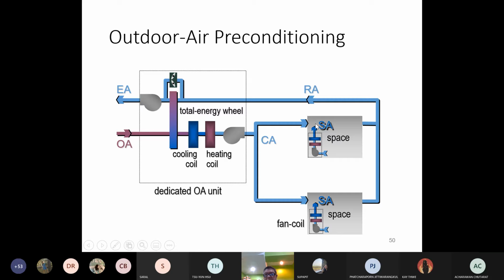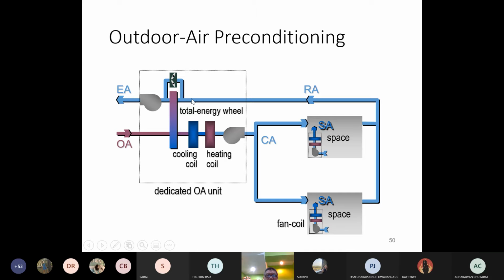Actually, this one sends into each area or zone, and each zone collects back into the return air, and the return air goes back to the total energy wheel. Okay, I always say that it is a heat wheel. Actually, it's not heat only; it's the energy wheel.